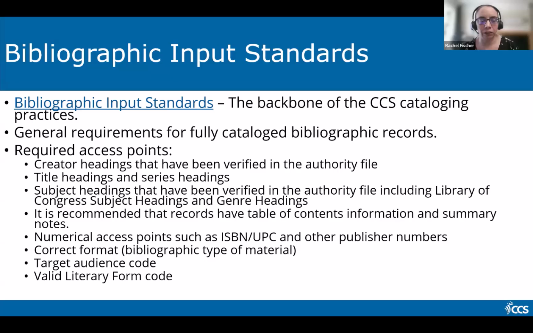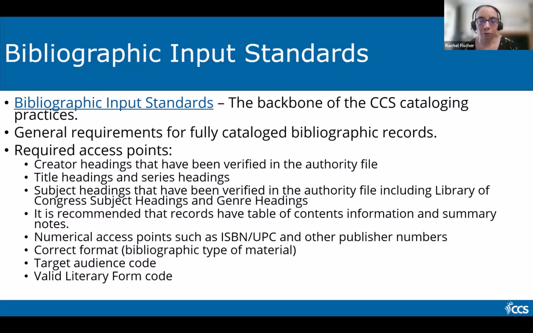These include the creator headings that have been verified in the authority file, title headings and series headings. Series headings need to be traced in an 800 or 830 tag, and there needs to be at least one subject heading. Subject headings can be from the Library of Congress subject headings or genre headings. We also allow a number of other vocabularies that I'll go over soon.